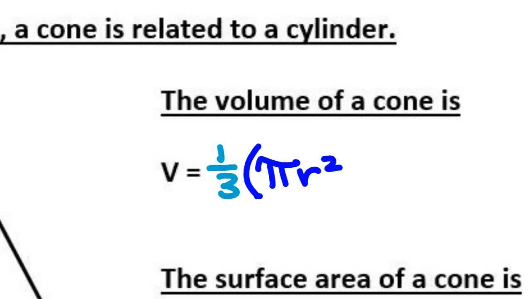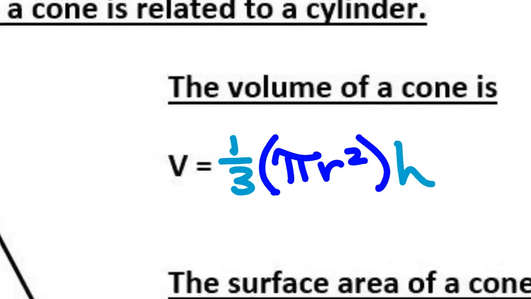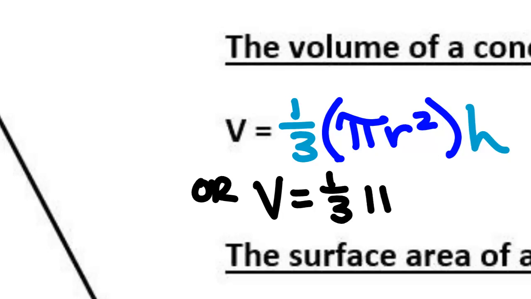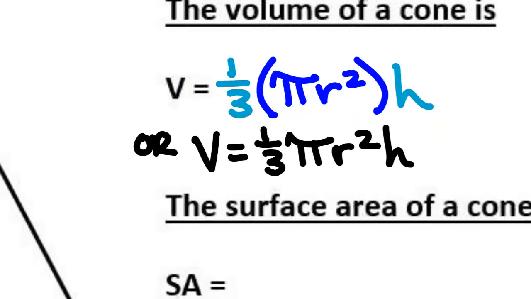Pi r squared times the height. Just like we did with the cylinder, those parentheses are not required. I had the parentheses around it though because this is how we're finding the area of the base.